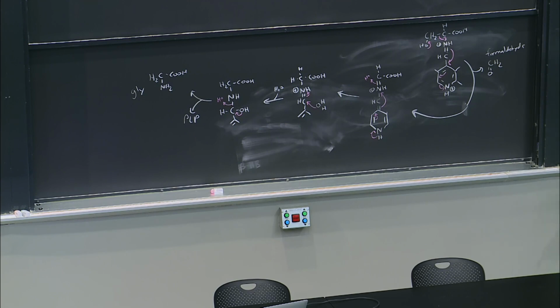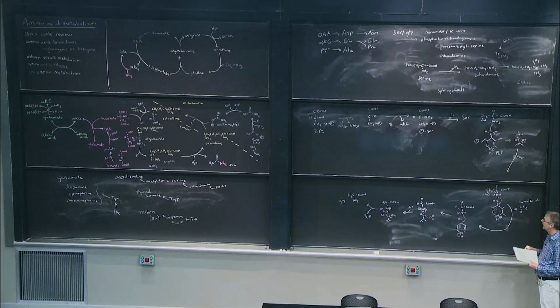And so this illustrates the flexibility of pyridoxal phosphate, in this case helping convert serine into glycine and a 1-carbon unit shown here as formaldehyde.